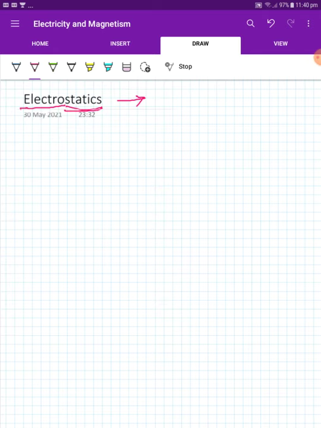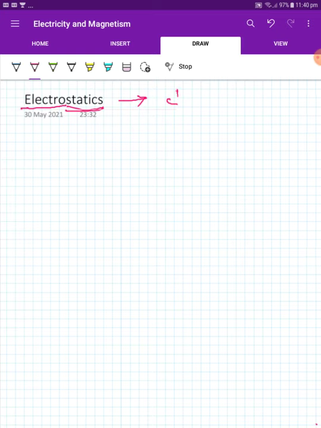There are two possibilities of point charge. At first, charge is either positive or negative.